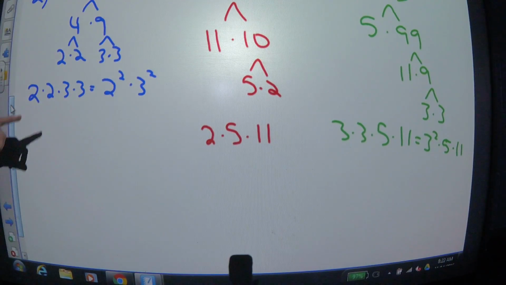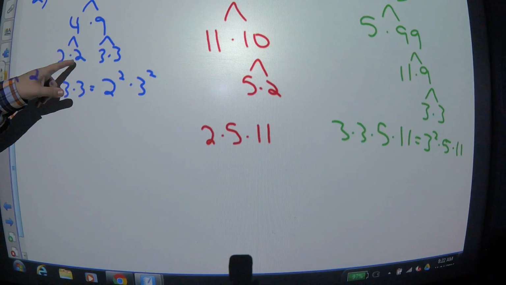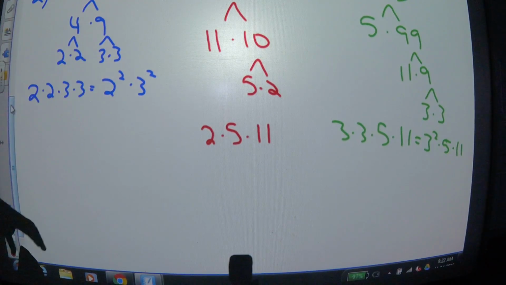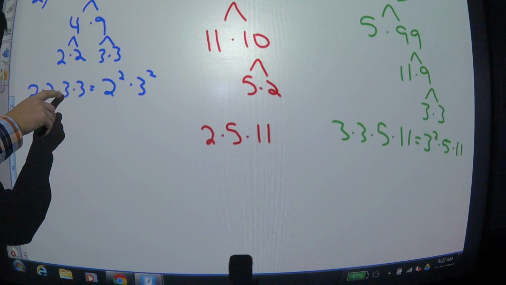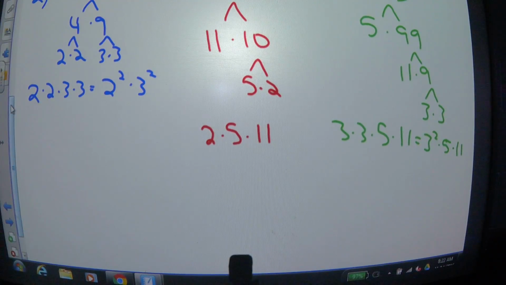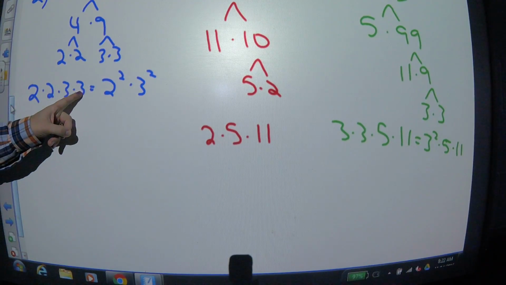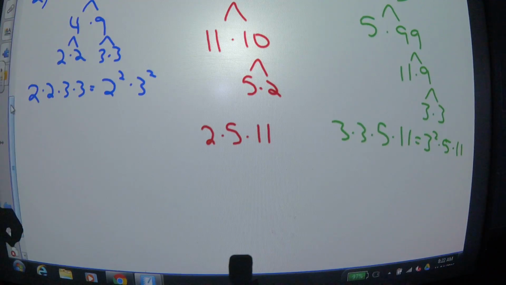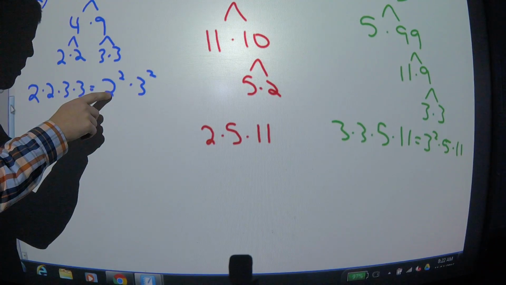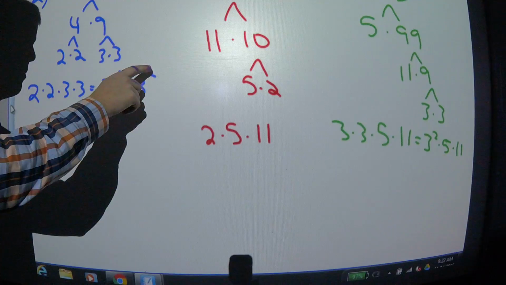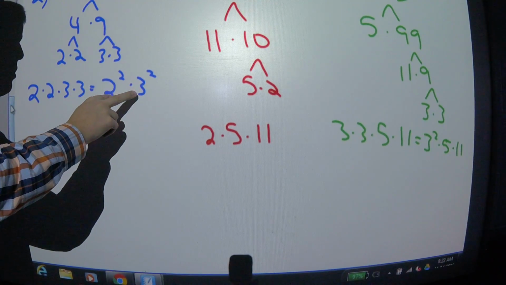These are all prime numbers right here. 2 and 3 are prime numbers. So 2 times 2 times 3 times 3. If we multiplied all of that together, we should get 36. If you multiply together all the prime numbers, you should get back to your original number. Now, notice I wrote it as 2 squared times 3 squared. 2 and 3 are our 2 prime numbers.